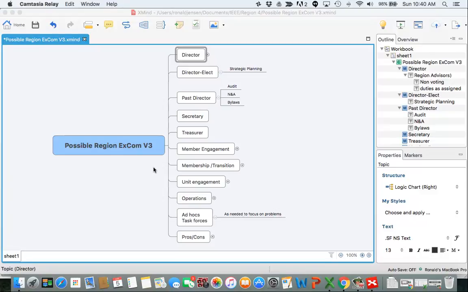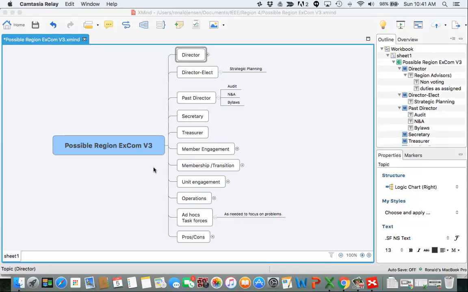This view indicates a smaller XCOM than we've had in the past. Often we've invited 20, 25, 30 people to an XCOM meeting, and we probably just aren't going to be able to do that forever. So this takes a look at that, and could it be more effective, and could it be more intentional in serving members and volunteers?